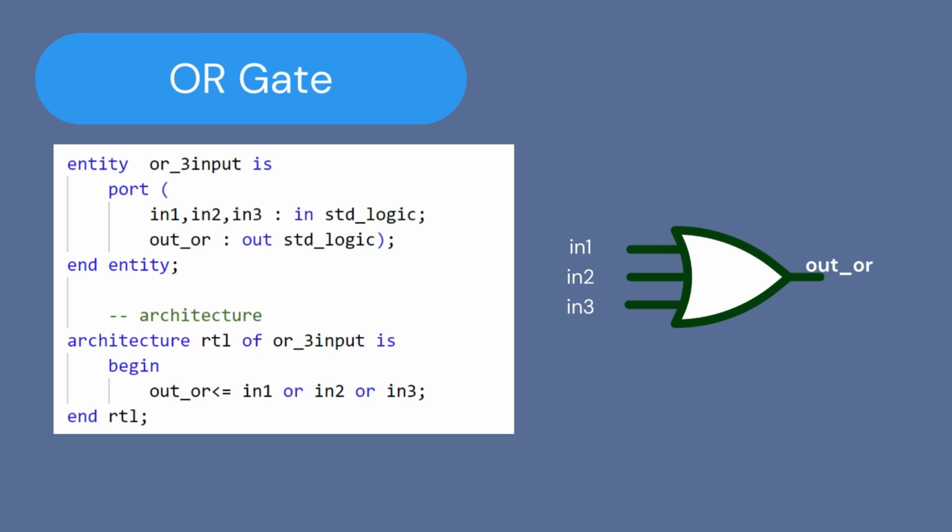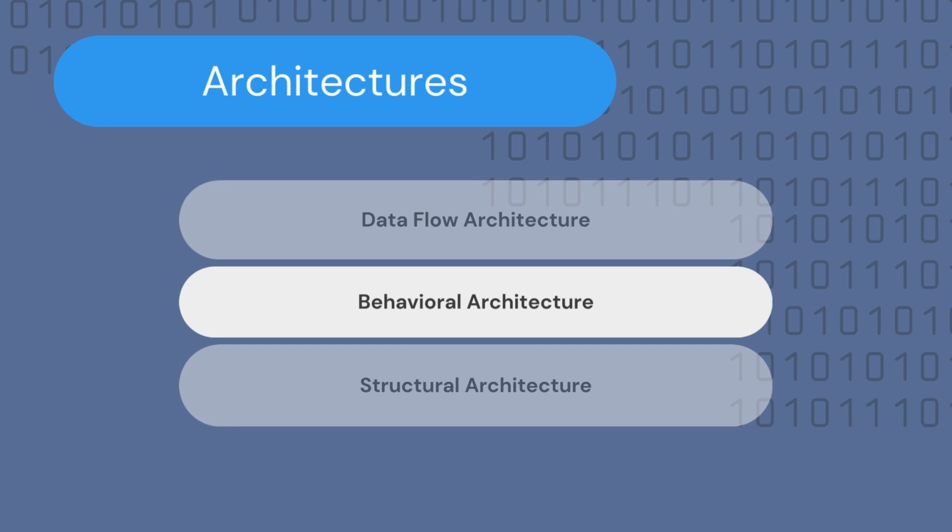Now that we've understood the data flow architecture, let's take a look at the behavioral architecture. As you can imagine, data flow modeling works fine for small and relatively simple circuits. However, when circuits become more complicated, it's a better idea to use behavioral modeling for your circuits. When comparing the 2, the behavioral style architecture does not correlate to the physical connections in actual hardware.